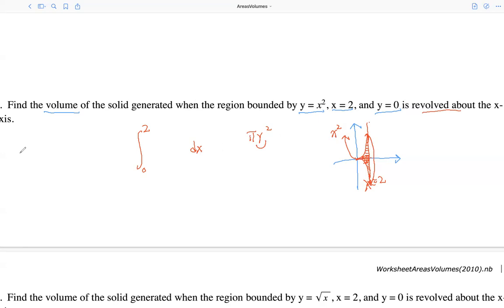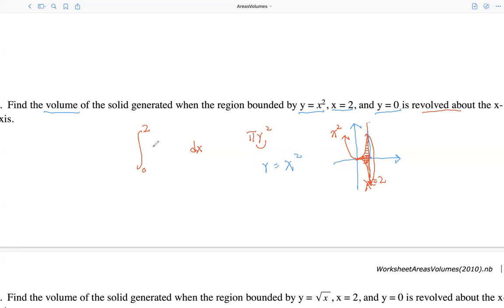Let me change my color, maybe to blue. Looking at the biggest circle, the radius is just this. This is the y value of this parabola, just x squared. So r equals x squared, which is the y value of this parabola.